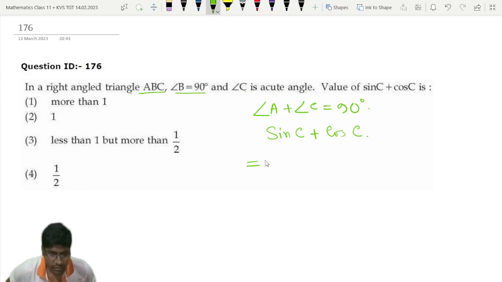What we can do? Do you have any idea? In a right angle triangle ABC, angle B is 90 degree, angle C is acute angle. Value of sin C plus cos C. Okay, sin C we can write, how can we write sin C?